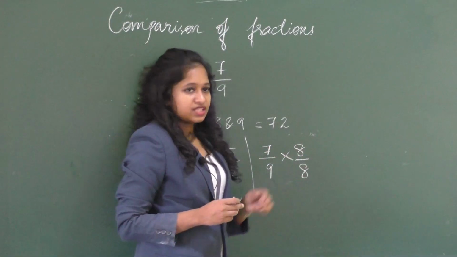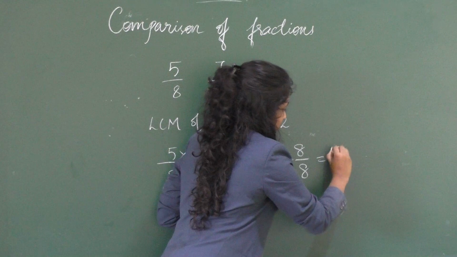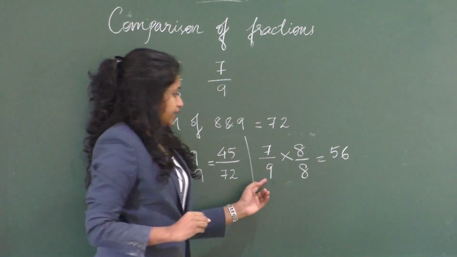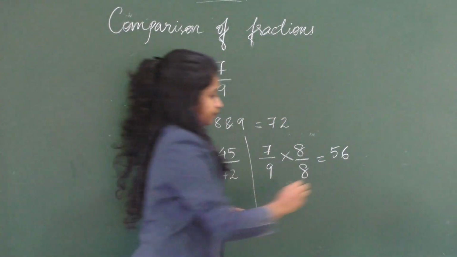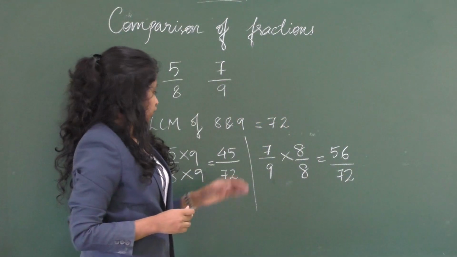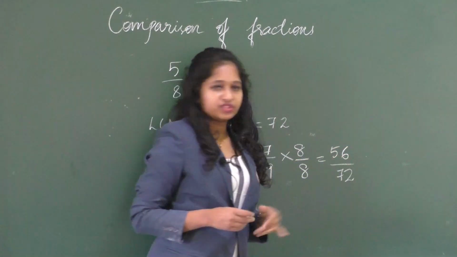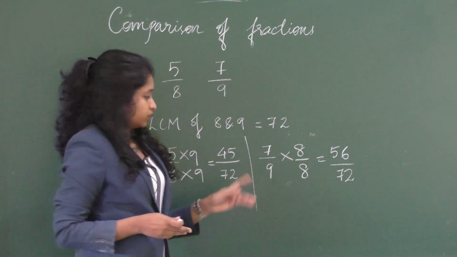What is 7 into 8? It is 56. And 9 into 8 is 72. Now you got 45 by 72 and 56 by 72.